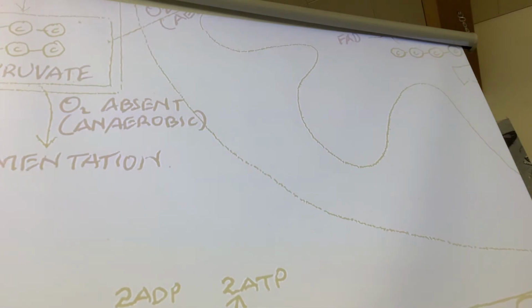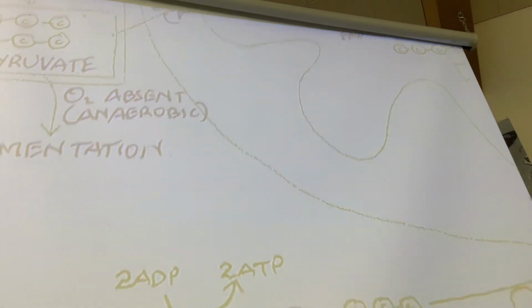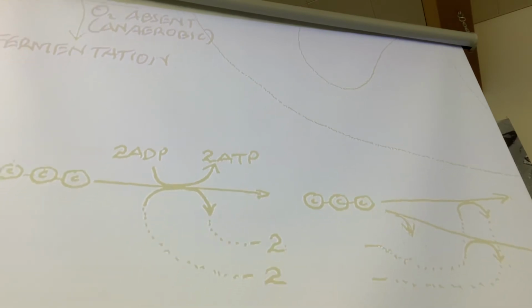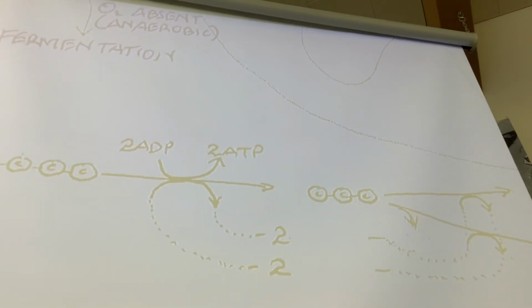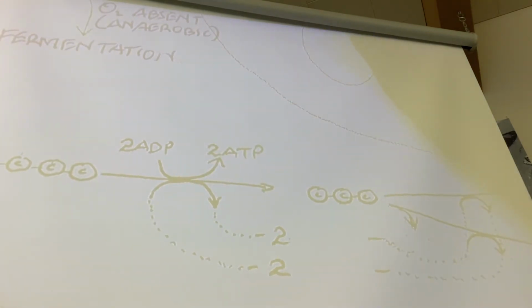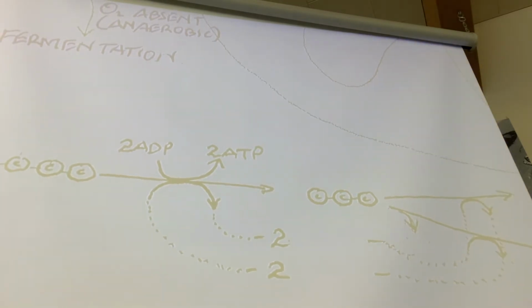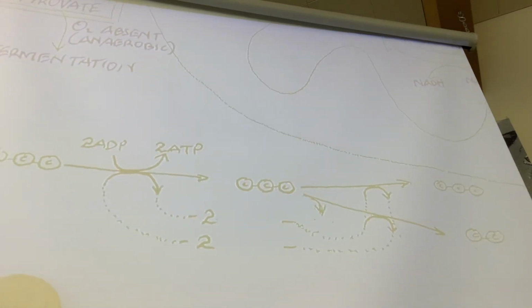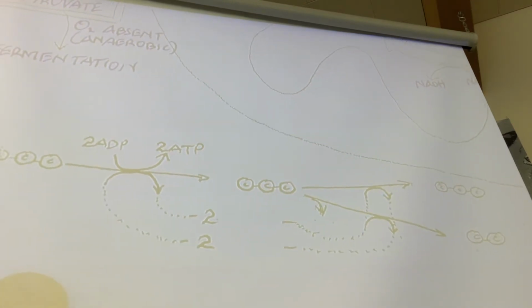Now, I came up with this handy dandy little drawing down here. What I did was I took that glycolysis box up at the top and I shrunk it down even more, way down to the nitty gritty. What really is happening here? It turns out we're doing glycolysis and we're doing fermentation down here.